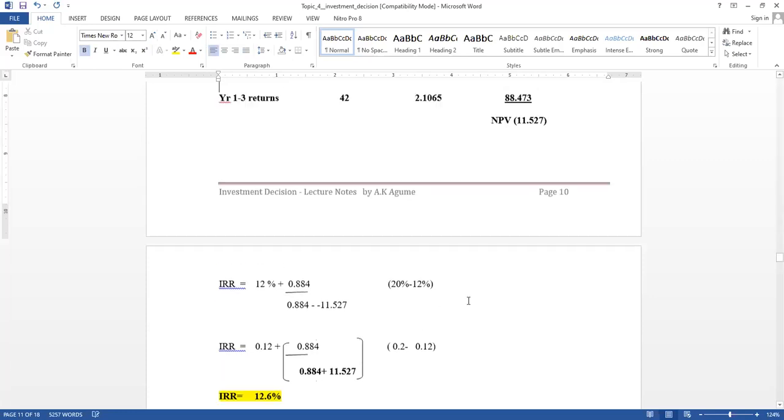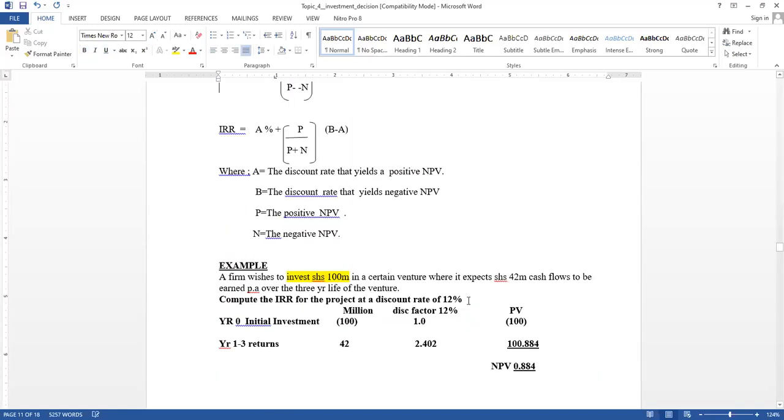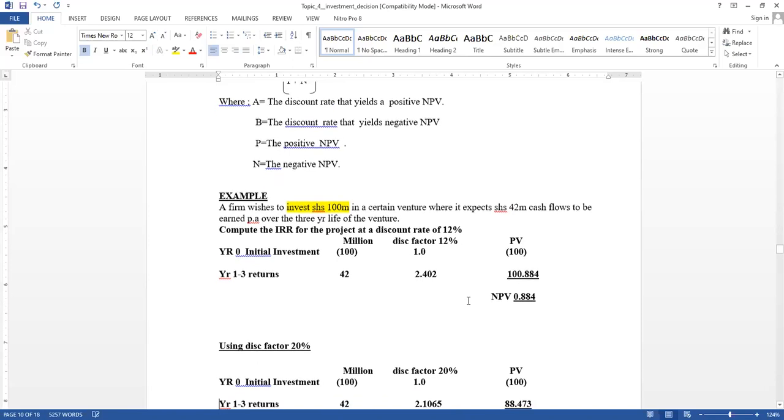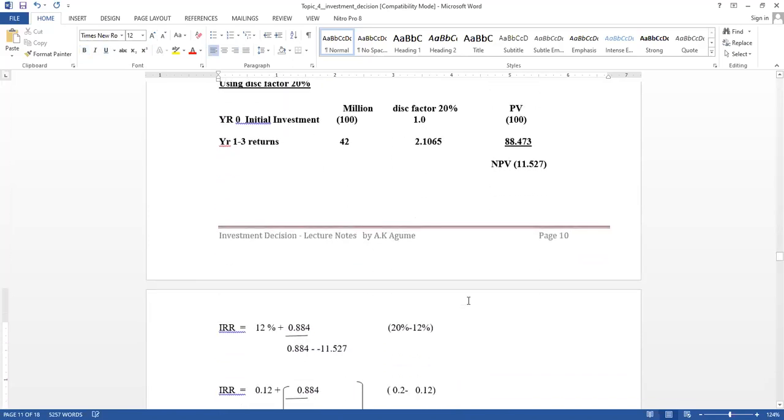Now, I've computed my IRR. Computing the IRR, the internal rate of return, you need to compare it with the required rate of return by the investors.